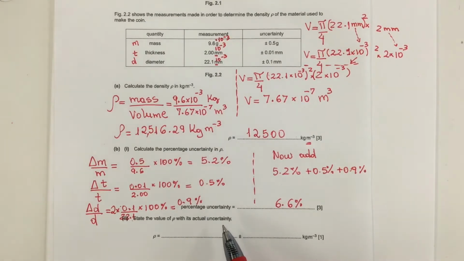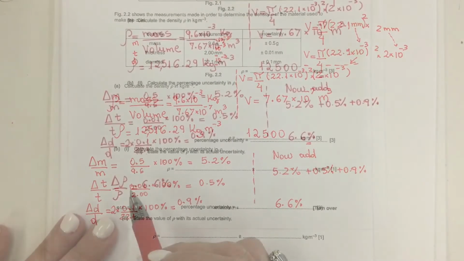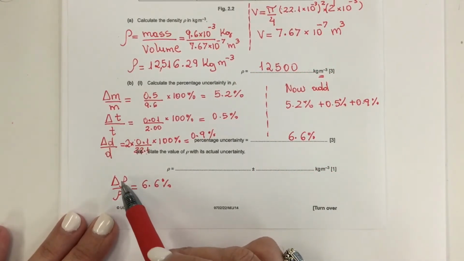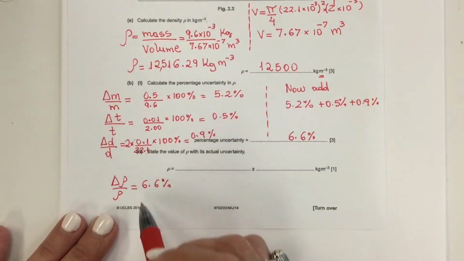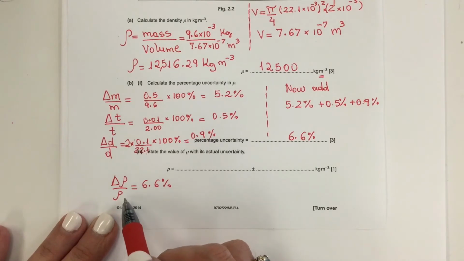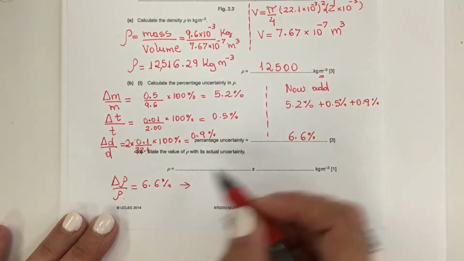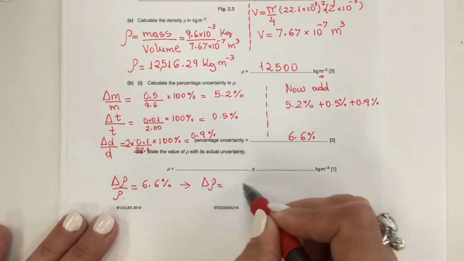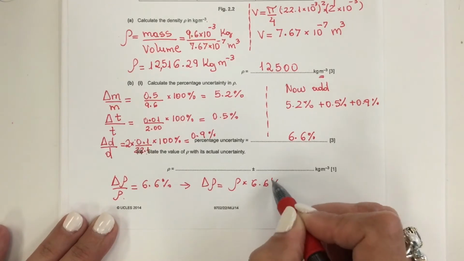not in percentage, not fractional, like a long decimal, but with a unit. So now we have to add the unit to this uncertainty. The fractional uncertainty for the density is 6.6%. To add the unit for density, which is this one right here, all that you need to do is multiply rho times 6.6%.